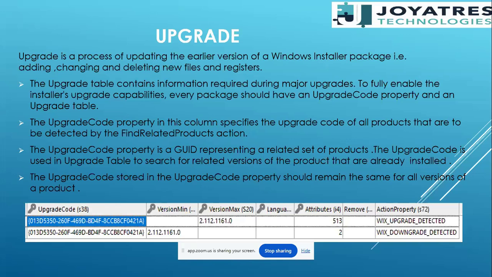You can either keep it blank so that it doesn't work as per the keyboard language, but if you want to specify it, maybe your organization is only dealing with the English language, then you can specify the language. Then we have attributes, I'll explain, we have a slide for that. And then is the remove, you can keep it blank or you can specify as per the properties.